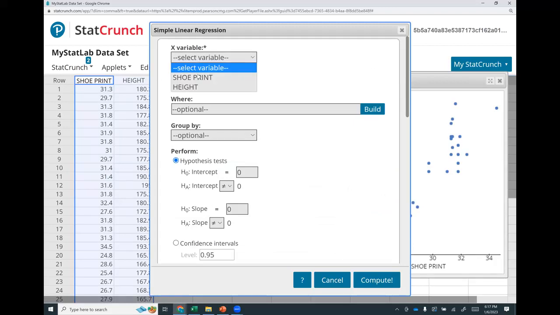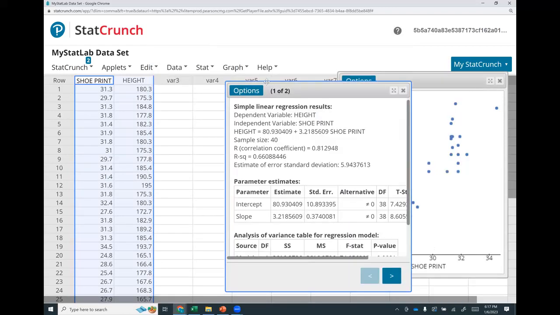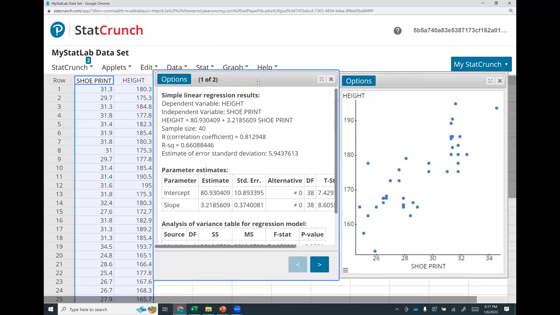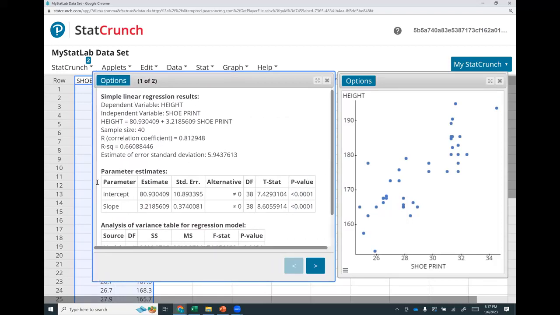And I'm going to pick X is shoe print, Y is height. And that's I think all I need. And that's how I get my table that has all the information in it that tells me about my graph.